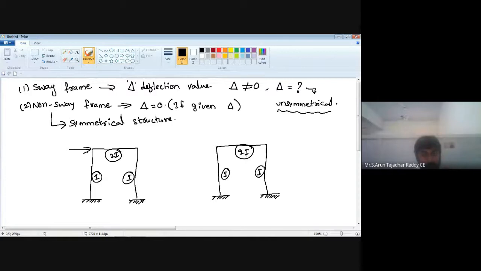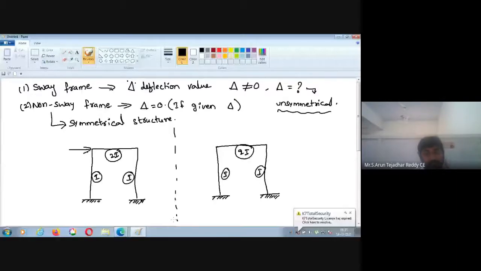Just listen carefully. In these two diagrams, which one is the sway frame and which one is the non-sway frame? That is important. Can anyone tell me the answer, and what is the reason behind it? What about the first diagram?